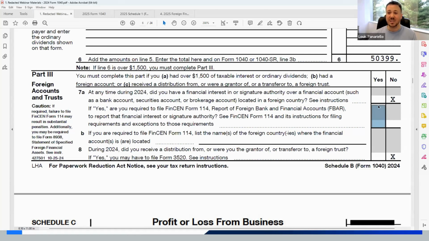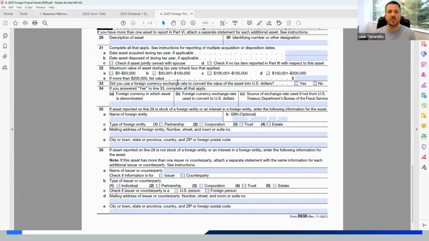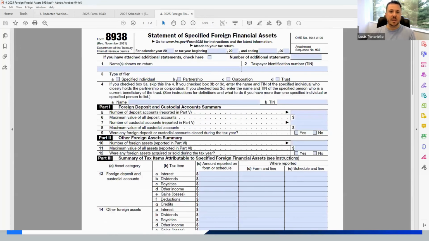However, if this box is checked off as yes, your next discovery demand should absolutely include FinCEN Form 114 and make sure that you get that to understand what foreign bank accounts are out there. Now, in addition to Form 114, the IRS actually does have its own form of foreign asset disclosure, and that is going to be in Form 8938, which I'm going to shoot over to here.